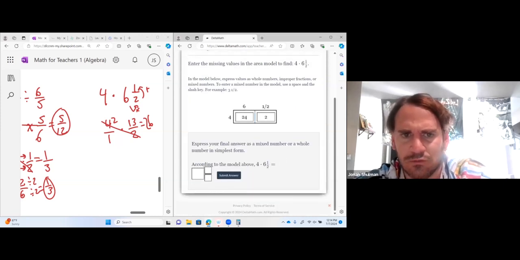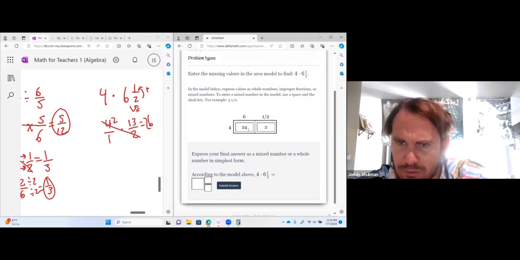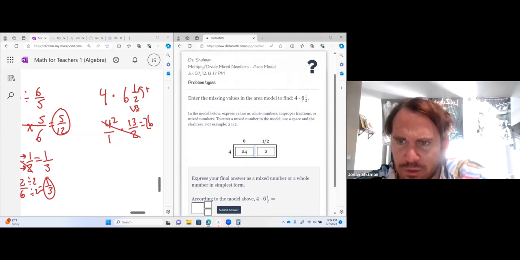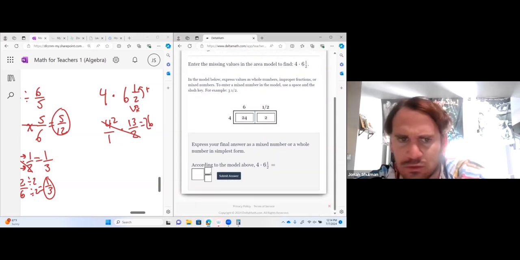According to this above, 4 times 6 1/2, 24, right? And 2. So it's just 26. There is no mixed number. I'm going with 26.